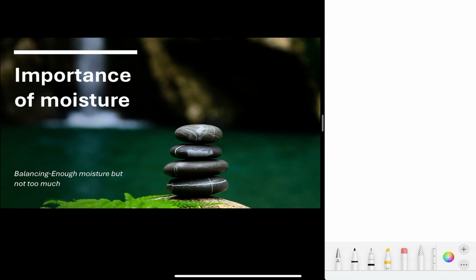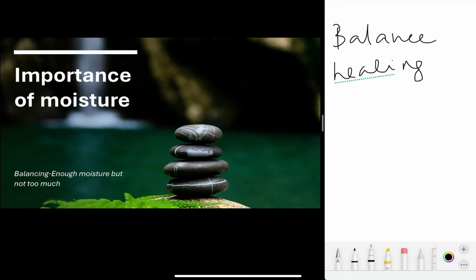Now coming to the importance of moisture. The moisture content of a wound must be kept in balance. The area should be moist enough to promote healing, but excess exudate must be absorbed away from the wound to prevent maceration or damage of the healthy tissue.